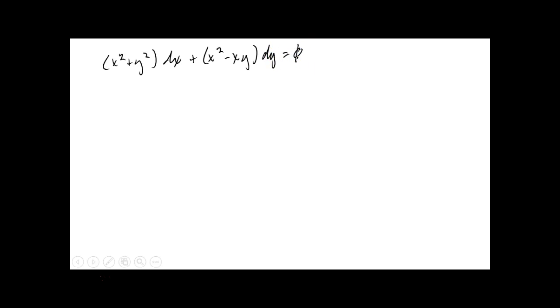Okay. Now, the thing to note, the degree of each term in both of those is 2. X squared, that's x to the 2. Y squared, that's y to the 2. X squared, that's x to the 2. xy, x to the 1, y to the 1, 1 and 1 is 2. Your total degree is the same. So this is a candidate for what we're just talking about.